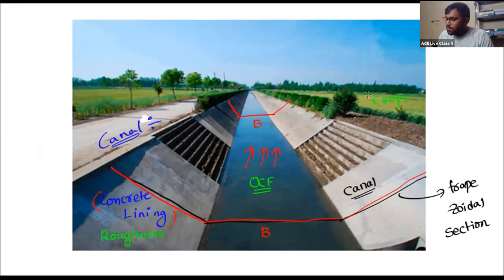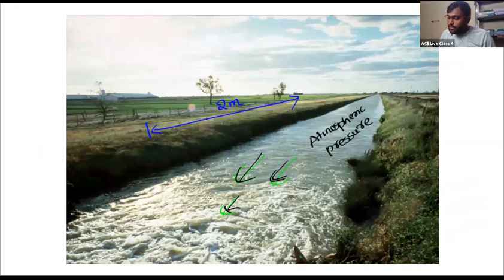So this strata is completely soil mass. In soil, you cannot go for vertical sections. You have to go for the trapezoidal. This is also a channel where you can provide side slope, but this is an unlined canal. Can you see any lining? No, this is an unlined canal.